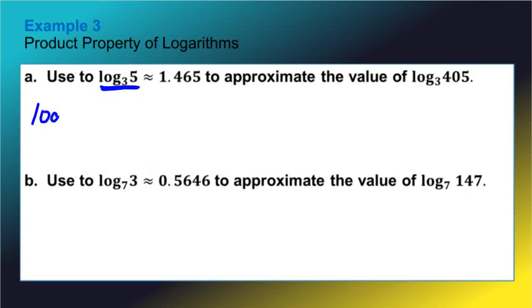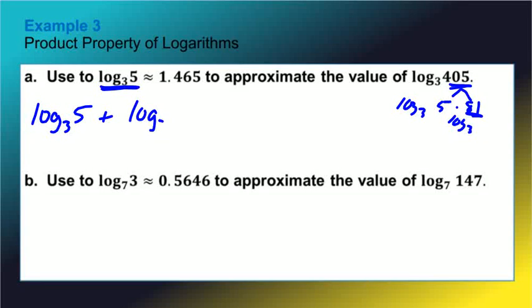If I take this 405 and divide by 5, this can be rewritten as 5 times 81. So that would be log base 3 of 5 and then log base 3 of 81. Since I have a multiplication, this is going to be plus log base 3. And if I have base 3, 81 can be 3 raised to the 4th power.